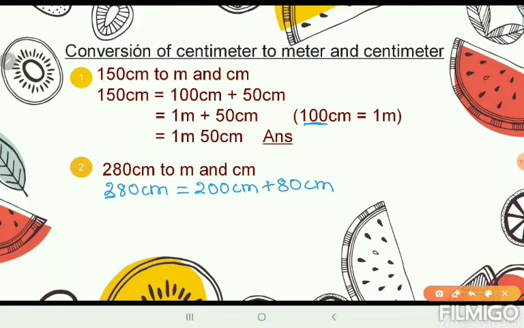Okay, now first we want to convert this 200 centimeter to meter. That is, we are going to convert a smaller unit to a bigger unit. And I said when we want to convert a smaller unit to a bigger unit, we divide. So to convert this 200 centimeter, I have to divide this by, what is the relation between meter and centimeter?